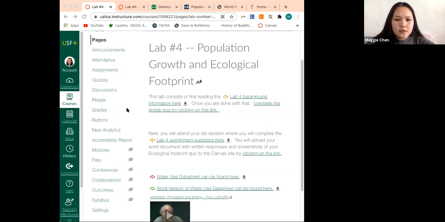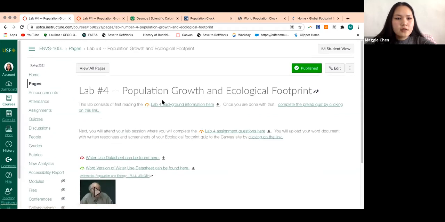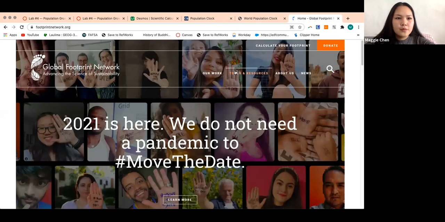If we are looking at lab 4, if you click on that link, you can also just type in footprintnetwork.org, and it would show you this website.